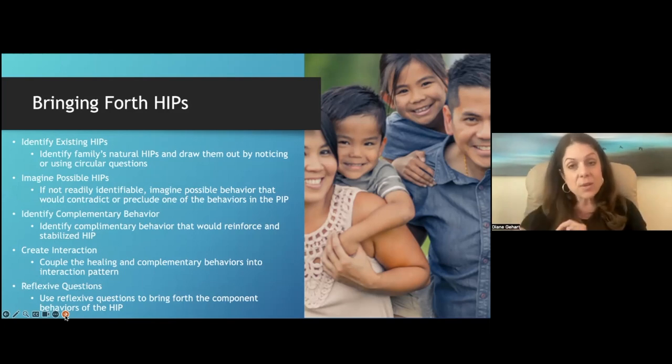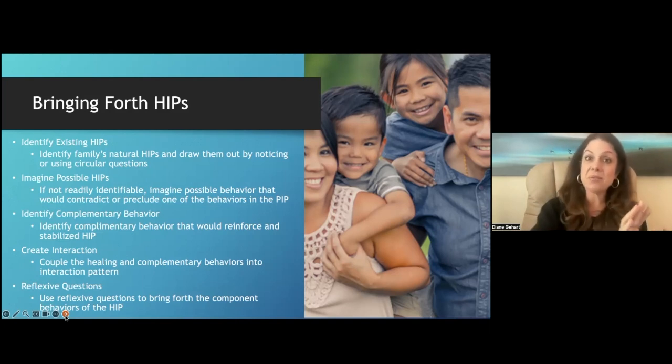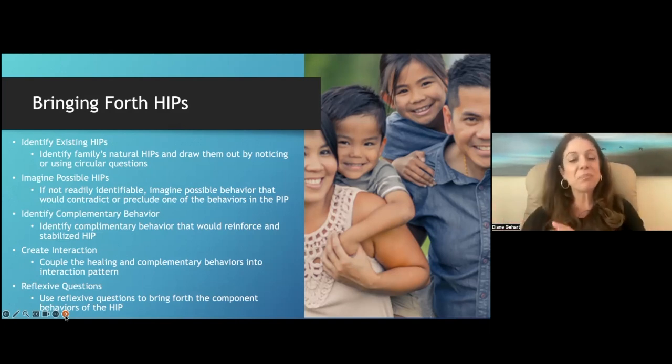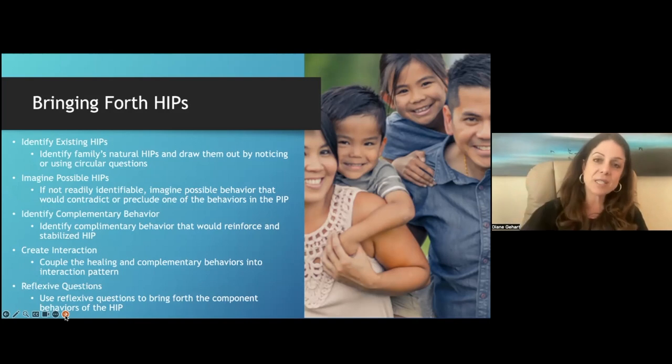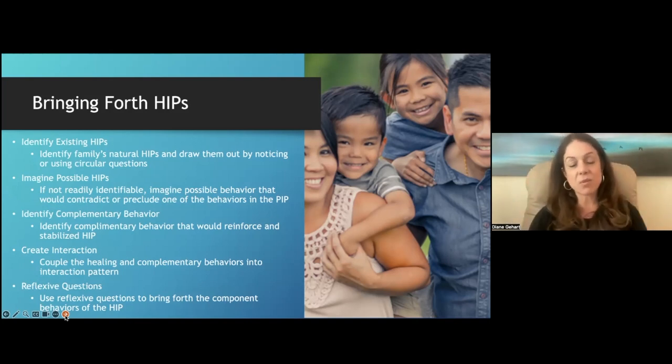By just noticing and complimenting, which works really well with partners too, and works really well with children, by just noticing what they're doing right rather than what they're doing wrong, you can kind of trigger a healing interaction pattern, especially if you do it more than once.